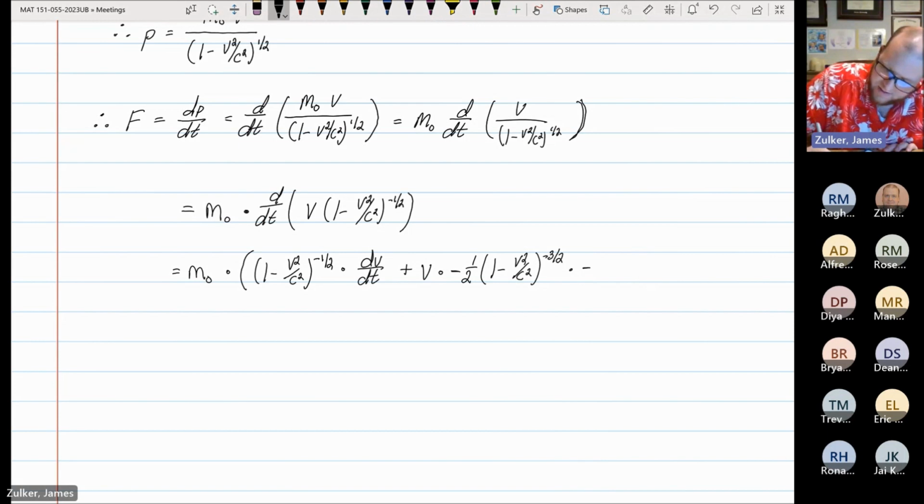Times negative, now the derivative of v squared over c squared, which would be 2v over c squared, times the derivative of v by chain rule.